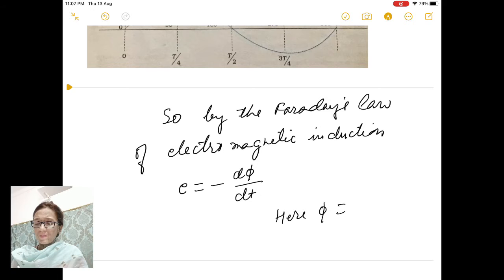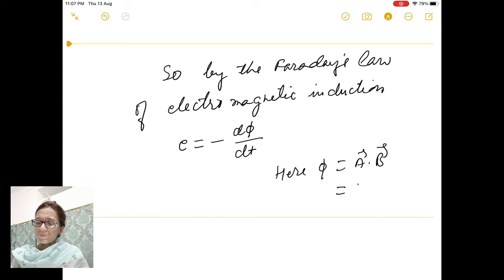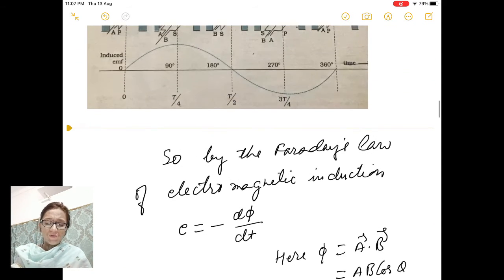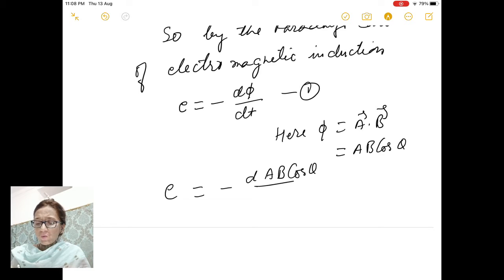Here flux is equal to the dot product of the area vector and the magnetic field vector. So this is equal to AB cos theta, where theta is the angle between the area vector and the magnetic field vector. So when you put the value of flux in this equation 1, E is equal to minus d(AB cos theta) upon dt.